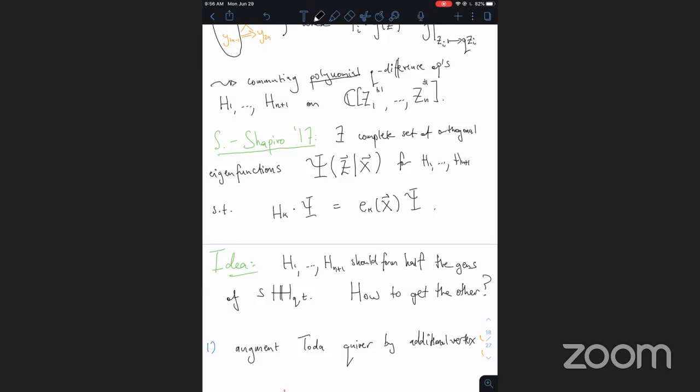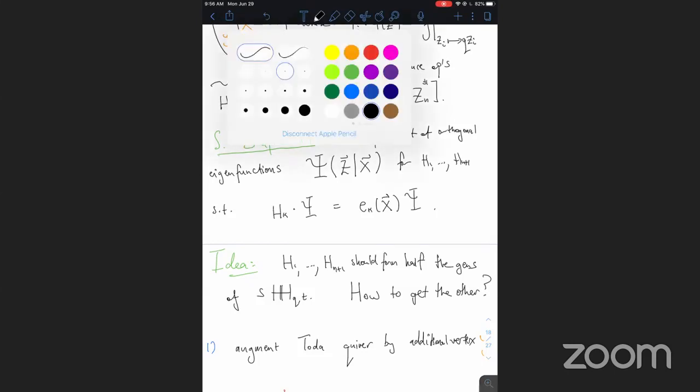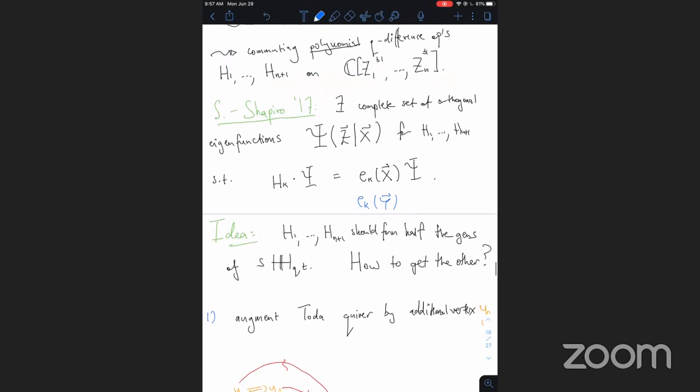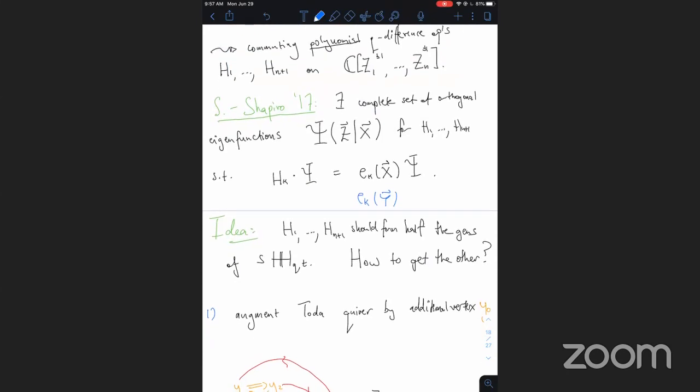Because remember, the generators of DAHA were given by the elementary symmetric functions in these variables x, along with elementary symmetric functions in the variables attached to the dual cycle of the torus and elementary symmetric functions of the y's. So the problem that we face is we now have the easy half of the generators of spherical DAHA; how do we see the interesting half, the Macdonald operators? That's what I want to address in the remainder of the talk.